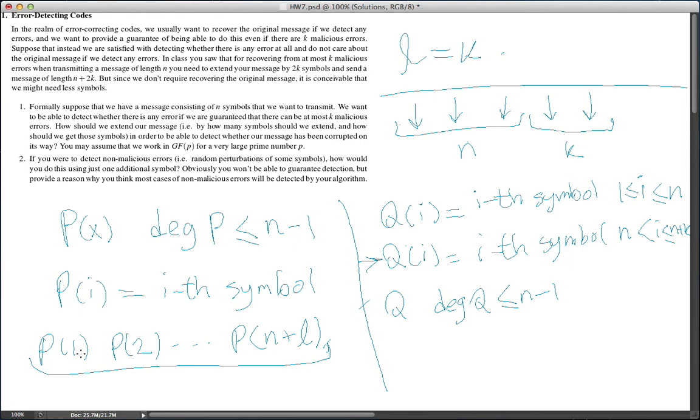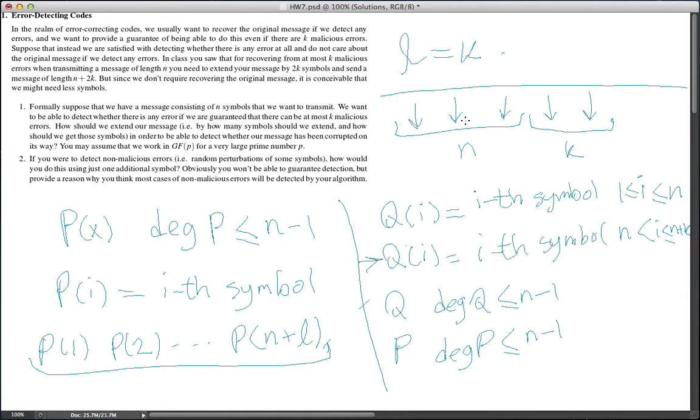But then p also passes through the non-corrupted points, right? Because p originally passed through the original symbols, and the non-corrupted symbols are the same as the original ones, so p passes through them. Okay, so p is also a polynomial which satisfies the fact that the degree of p is less than or equal to n minus 1, and p passes through the non-corrupted places.